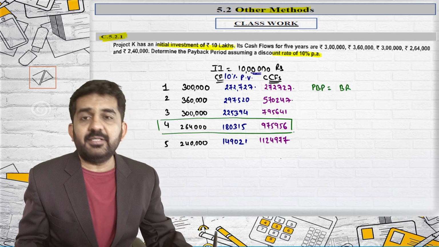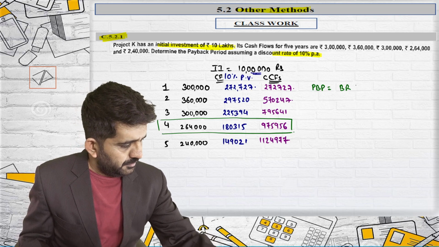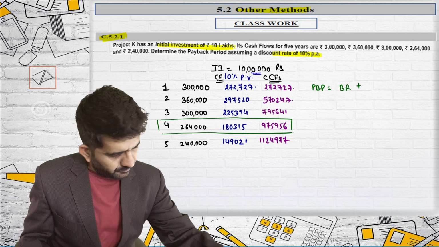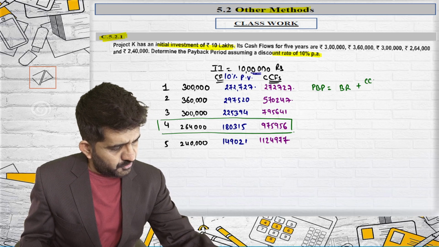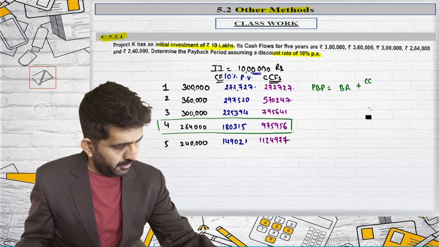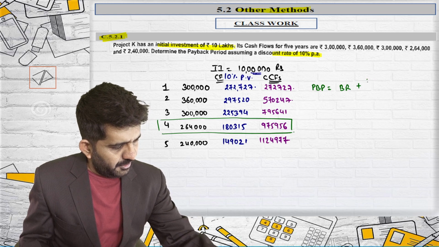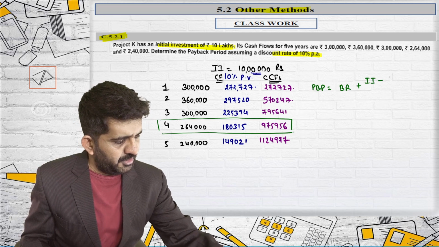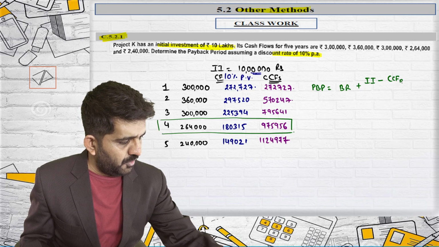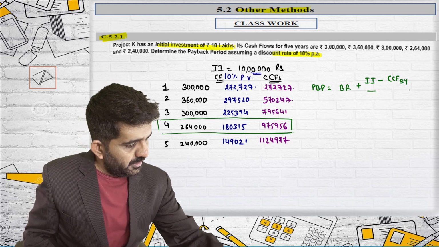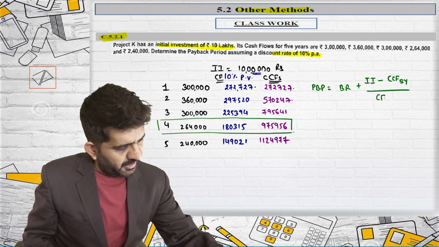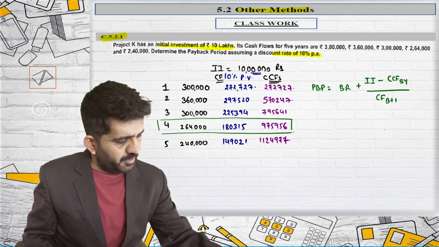It is base year plus initial investment minus cumulative cash flow of base year, divided by cash flow of base plus 1 year.